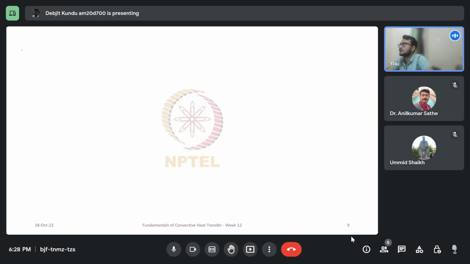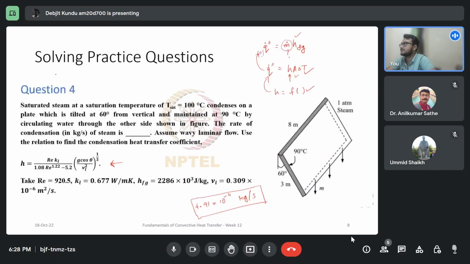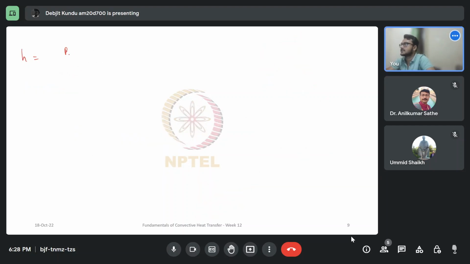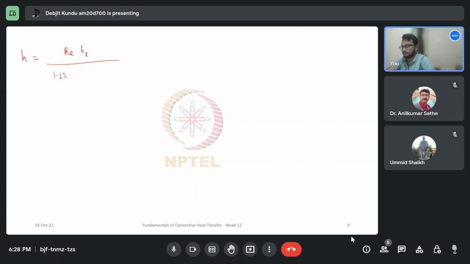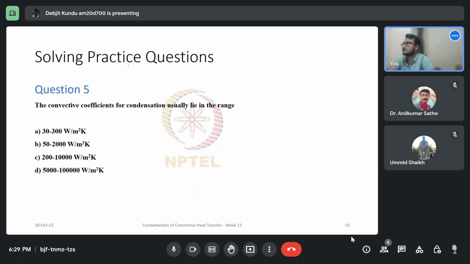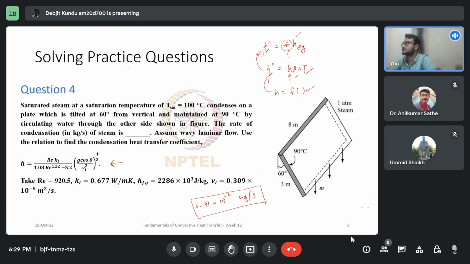So first of all, we know this expression of H. It is given as H times (nu L squared over G) to the power 1/3, divided by KL, equal to Re over (1.08 Re to the power 1.22 minus 5.2), and since it is slanted at an angle, instead of G we will use G cos theta.